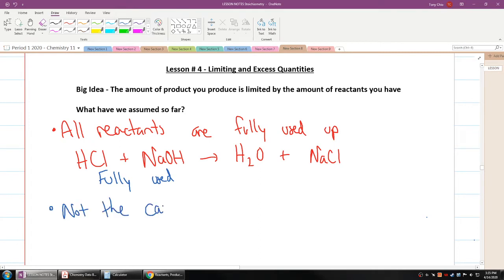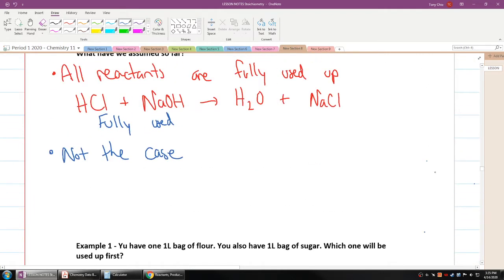It actually doesn't happen in real life. In real life, one of the reactants will always get used up first. Only one reactant is fully used up.